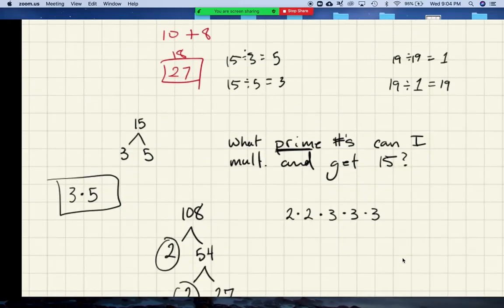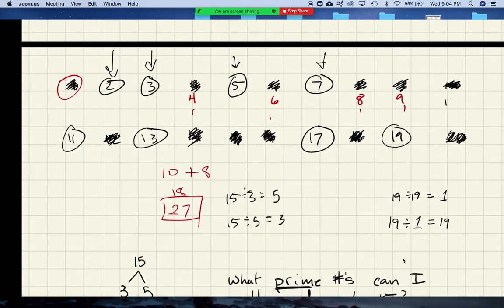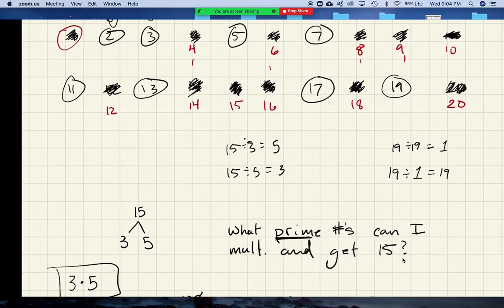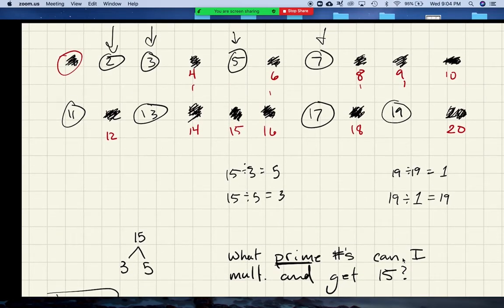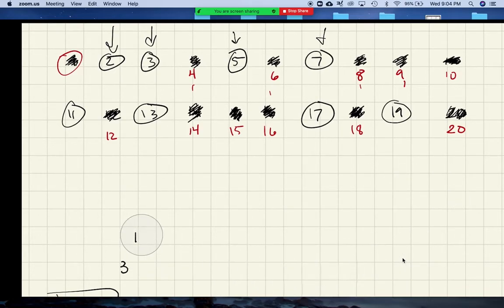Okay, so composite numbers: 4, 6, 8, 10, 12, 14, 15, 16, 18, and 20. So these are composite numbers, and it's asking how many factors they have. For any of these composite numbers, I at least have 2 factors, because any number has those.